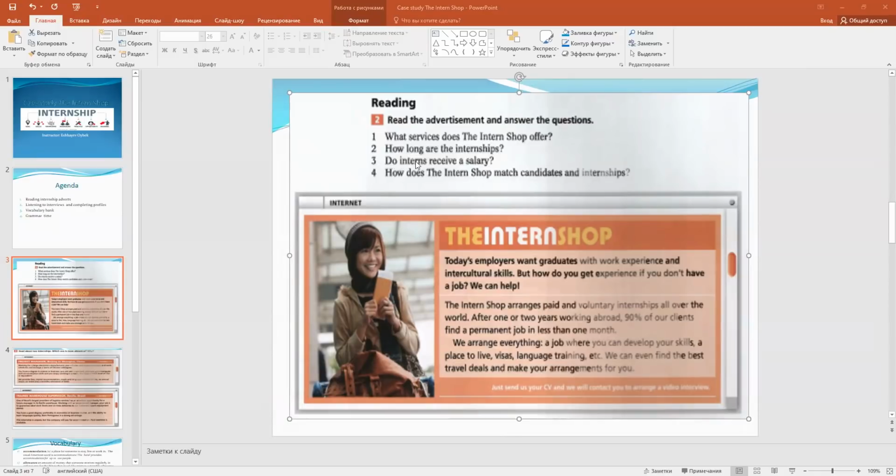And do interns receive a salary? How does the internship match candidates and internships? Okay, I'm going to give you 2 minutes to read this exercise, and we will discuss your answers to these questions. Okay, start reading.